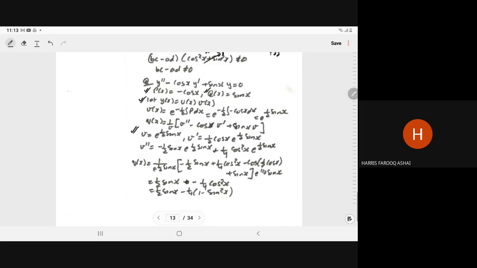We have both formulas, so you can use either one. If v is equal to e to the power half sin x, then v dash will be half cos x times e to the power half sin x. Similarly, we can compute v double dash, which will be minus half sin x e to the power half sin x plus 1 by 4 cos square x e to the power half sin x.